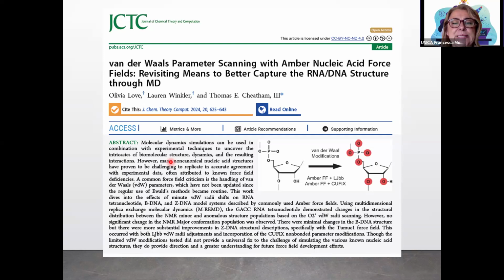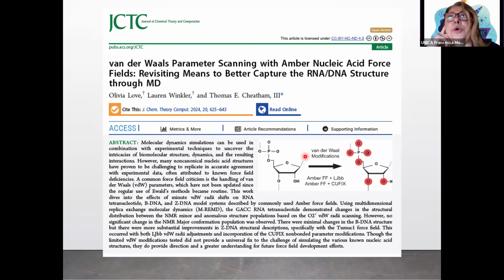And recently, there is an active development of new van der Waals parameters for the atoms in nucleic acids, like shown from this work that appeared in the literature at the end of last year online, where the van der Waals parameters for nucleic acid atoms are updated, also taking into account the way the electrostatic interactions are dealt with.